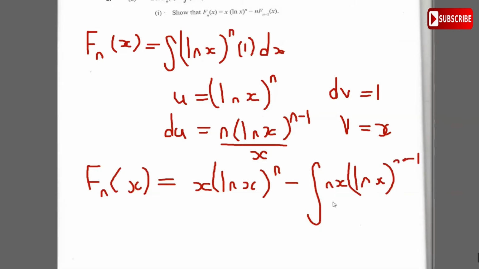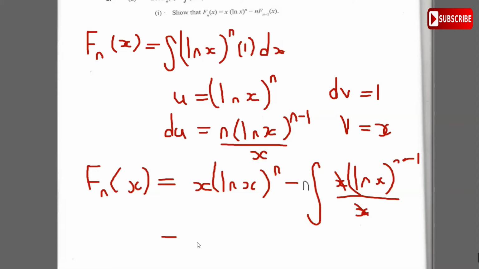over x. Now, as you can realize right here, the x's are going to cancel, and you can then factor out the n. Let's factor out the n and put the n out here. And so what you're left with is the integral of (ln x)^(n-1). But the integral of (ln x)^n is fn, so this is just fn minus 1.